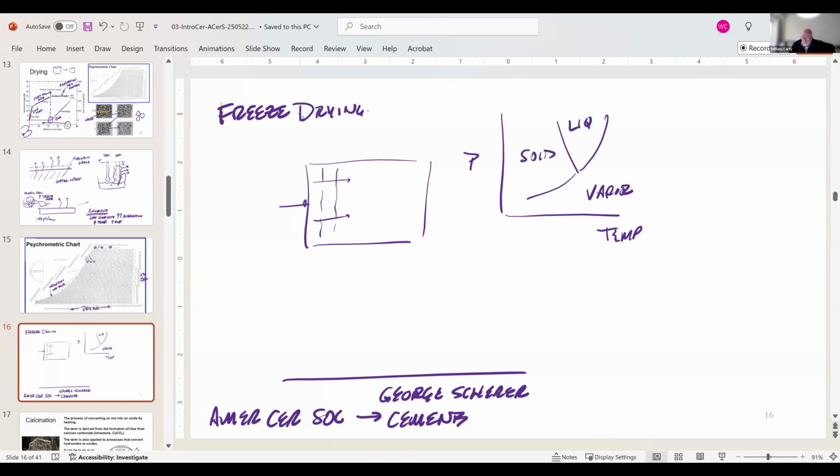You have your ice here, your liquid, and your vapor. And this point here is called the triple point. It's where liquid, solid, and vapor are in equilibrium. That means no meniscus, and therefore also no capillary action.